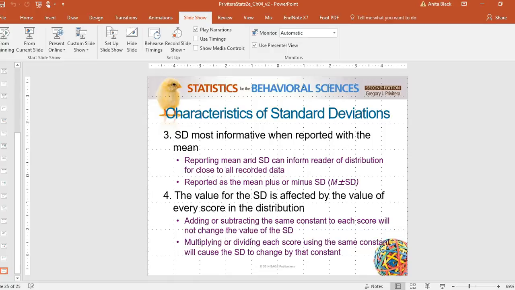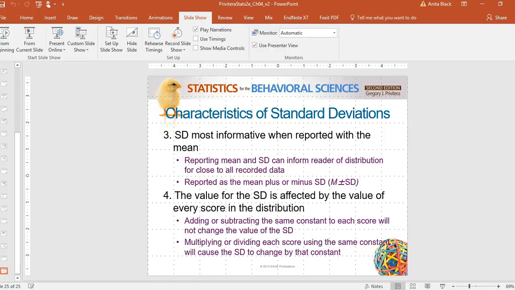So whenever we have the standard deviation and the mean, that tells us a lot about our data. Don't be scared about this. We are going to go over this in an article on Monday. We'll pull out those articles that I put on Blackboard, and we'll look at the standard deviation and the means as they're reported within those.